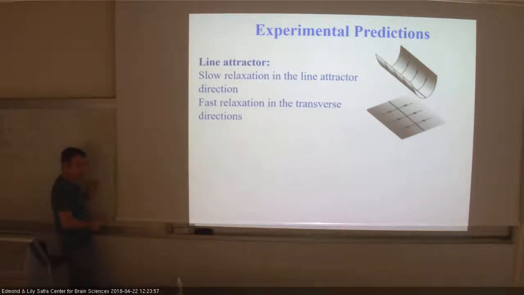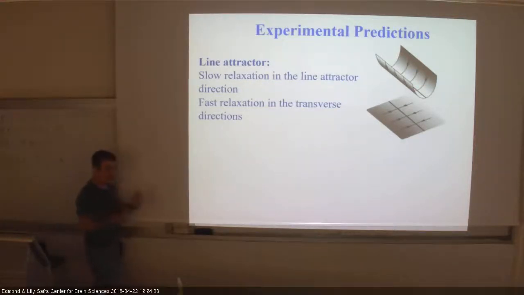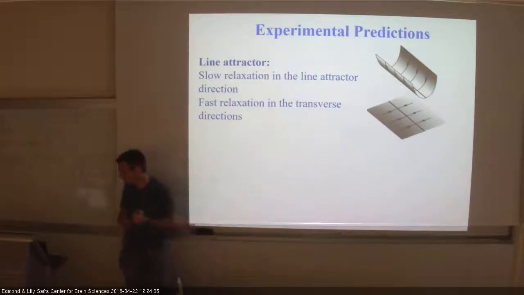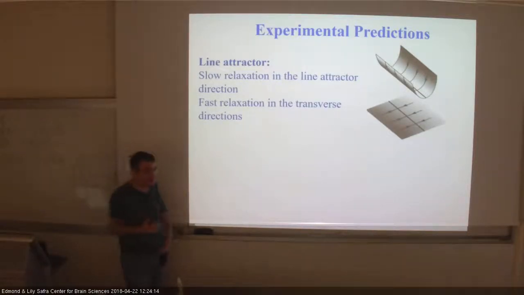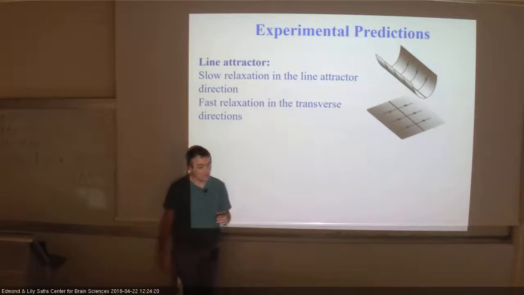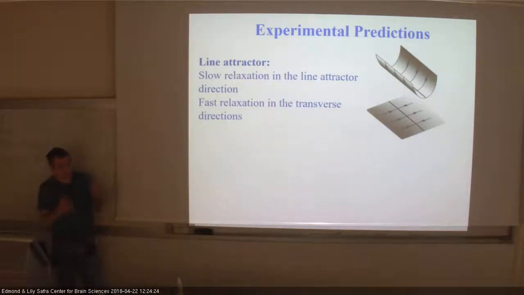In the direction associated with an eigenvalue that is close to 1. In all other directions, we expect that the relaxation will be fast. And in fact, one way of testing it experimentally would be to perturb the neural activity in the network, and people have done it in the framework of the goldfish oculomotor integrator, and study the relaxation.